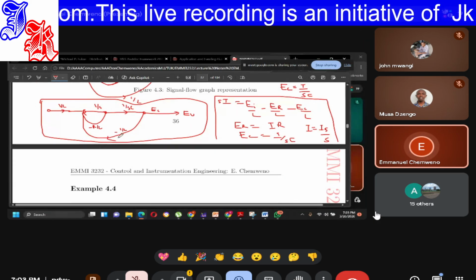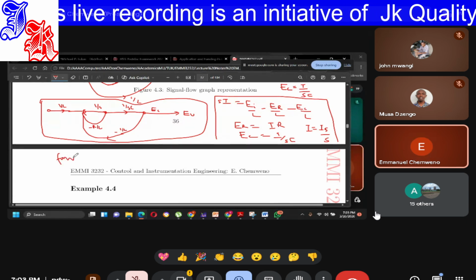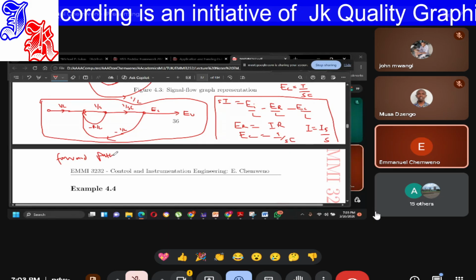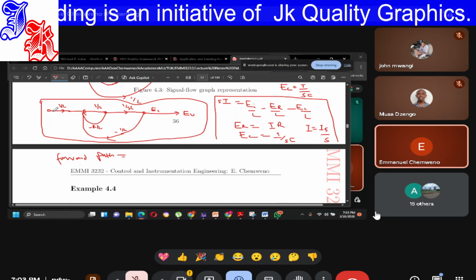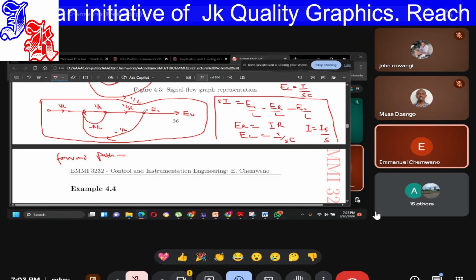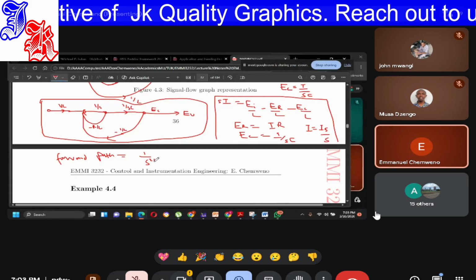So after you do the signal flow graph, you just identify the forward path. Now we have only one path: 1 over L, 1 over S, 1 over SC is equal to 1 over S squared LC.